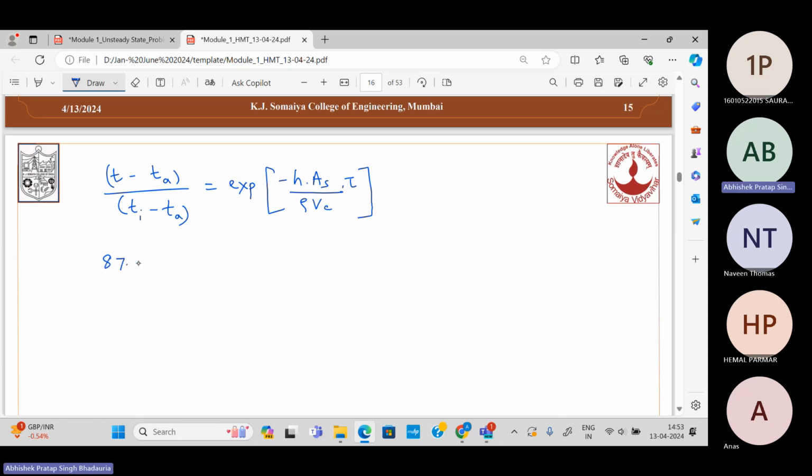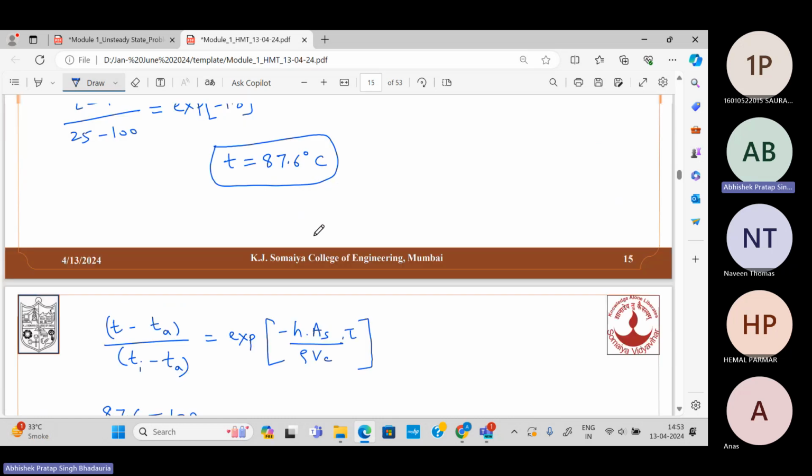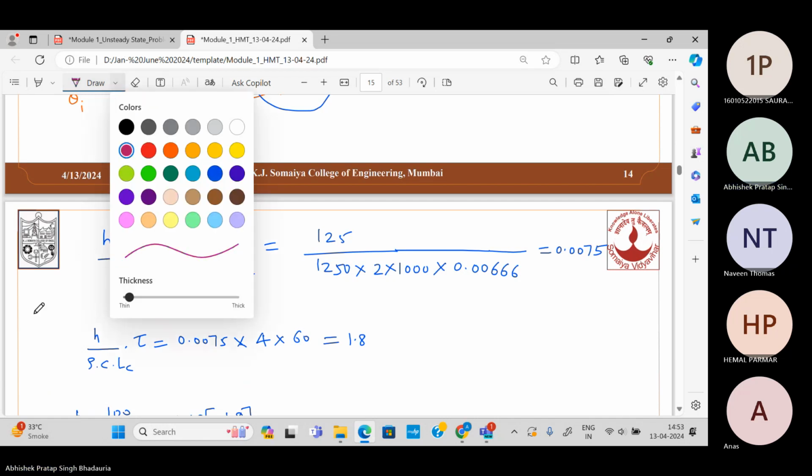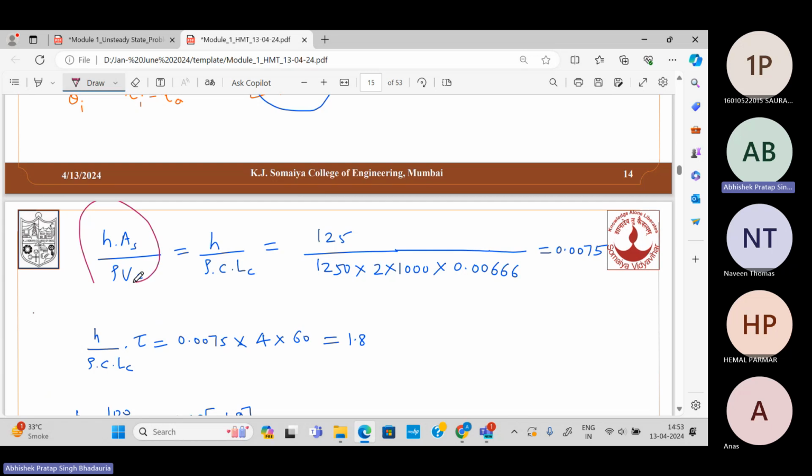So 87.6 minus TA, TA is 100 degrees Celsius, divided by Ti, now 5 degrees Celsius, minus TA, that is 100 degrees Celsius, is equal to e to the power minus hA_s divided by rho V c, which we have already calculated.